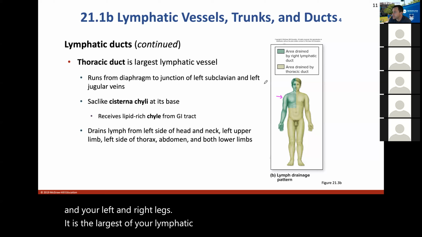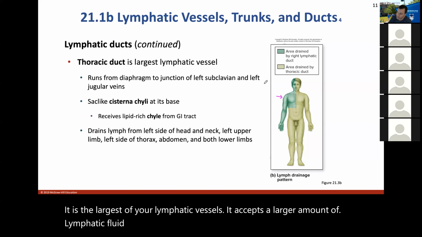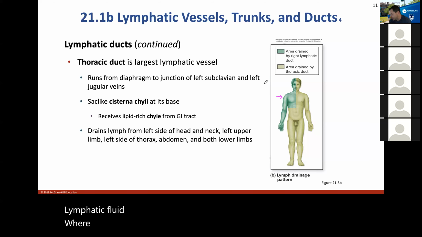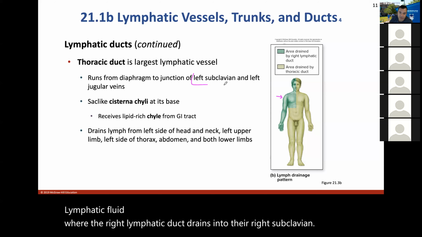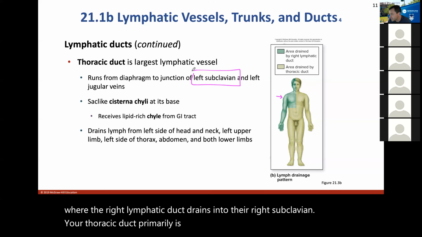It accepts a larger amount of lymphatic fluid. Where the right lymphatic duct drains into the right subclavian, your thoracic duct primarily is dumping lymph into the left subclavian. Pretty easy.